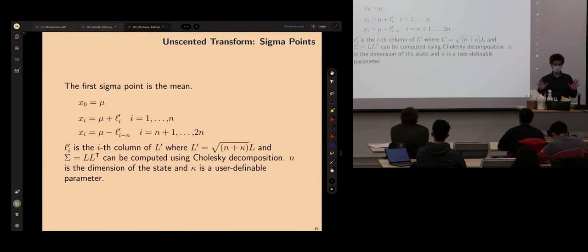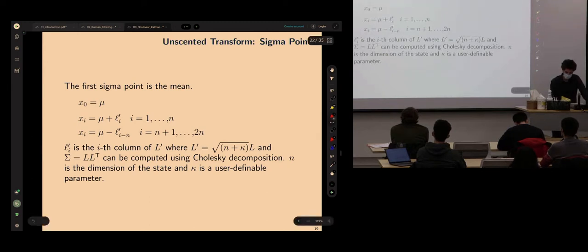Now, you could come up with many ways to choose these sigma points. This sounds like a very reasonable way because covariance is PSD, and if it's not degenerate, you can factorize it using a Cholesky factorization.